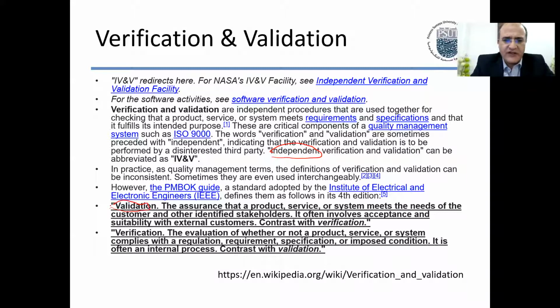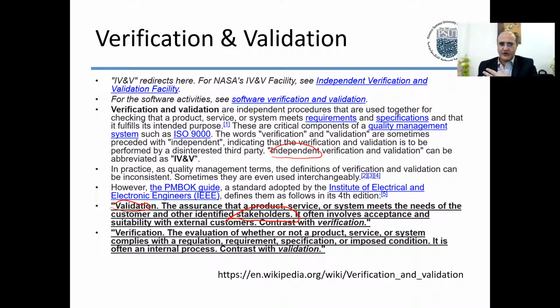Validation is to validate the end product, the service, the software, whether it meets the stakeholder or customer needs. You don't look at the very detailed functional details. Did this loop produce this? Did this if condition produce this? You don't test these. The end product, did it meet the customer needs?